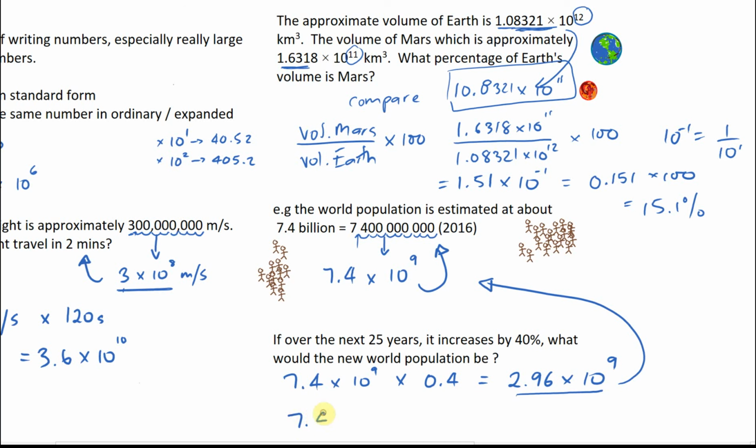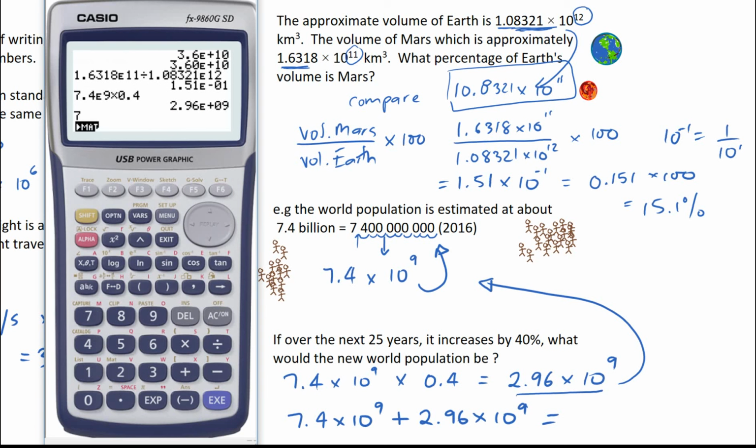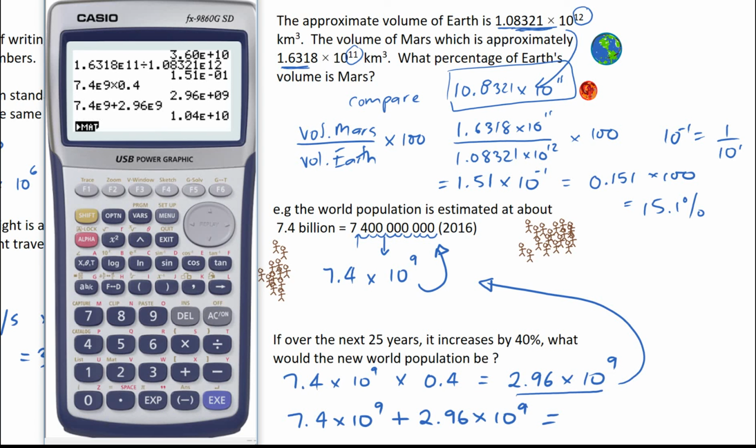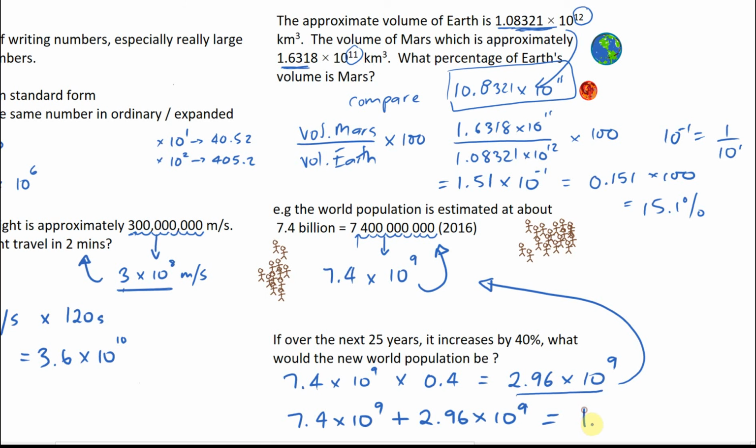So 7.4 by 10 to the power of 9 plus, because it's increased by 40%, 2.96 times 10 to the power of 9. 7.4 exponent 9 plus 2.96 exponent 9 gives us 1.04 times 10 to the 10. 1.04 times 10 to the power of 10.